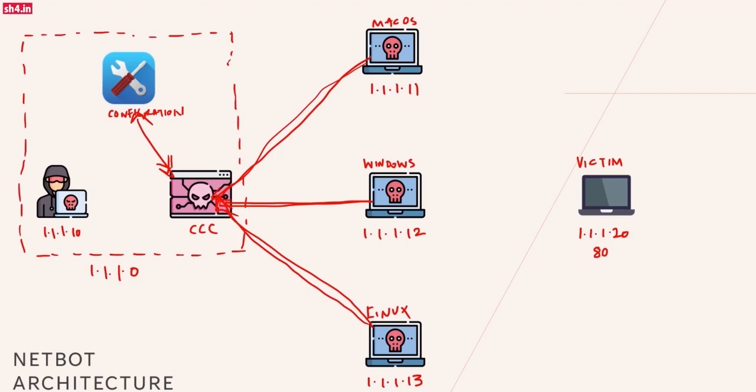Since we know the victim's IP address and port to attack, we use the HTTP flooding attack, the same attack which we saw in the 10th module of this course. These 3 parameters need to be configured on the configuration component.